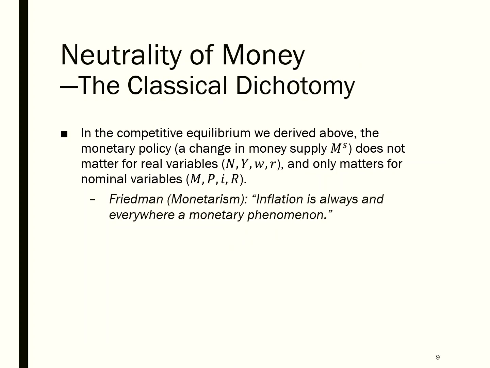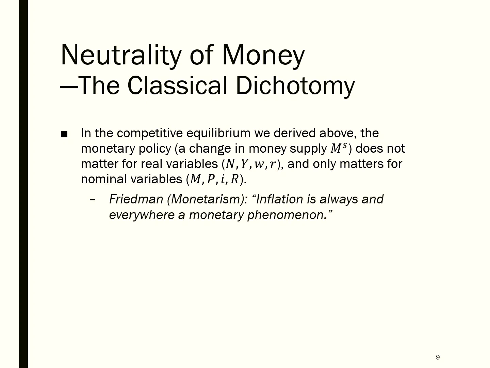So this is actually the third learning objective. We have derived the classical dichotomy. That means what happens in the monetary side of the economy will only have effects on the monetary side of the economy, and the real side of the economy has nothing to do with money or monetary policy. This is also what Friedman on monetarism has said.